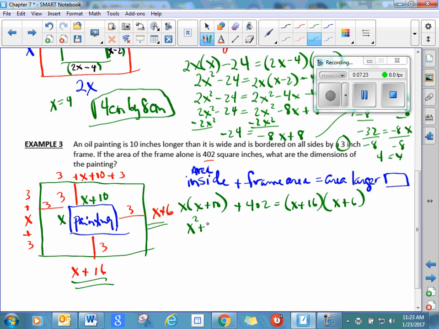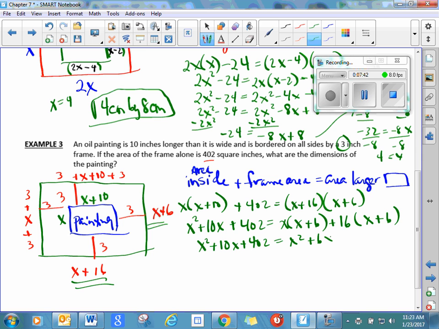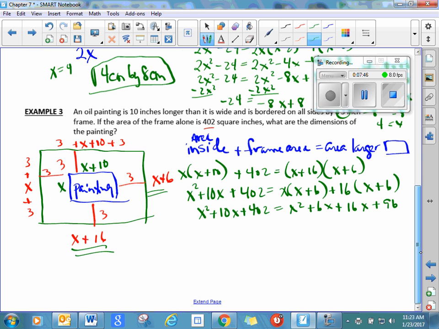x squared plus 10x plus 402 equals, double distribution, x times x plus 6 plus 16 times x plus 6. So over here we can't do much yet with this side until we clean up the right-hand side. x squared plus 6x plus 16x plus 96.